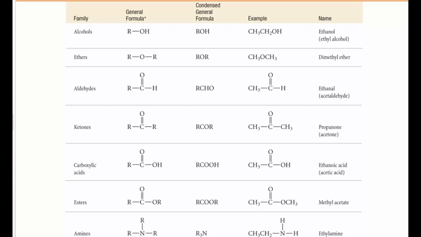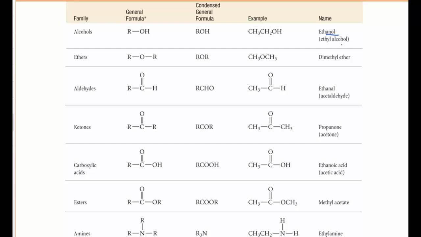And there's usually a suffix. Characteristic functional groups have characteristic suffixes. You'll notice the end of each of those names is different. So the names will end based on what type of functional group it is.